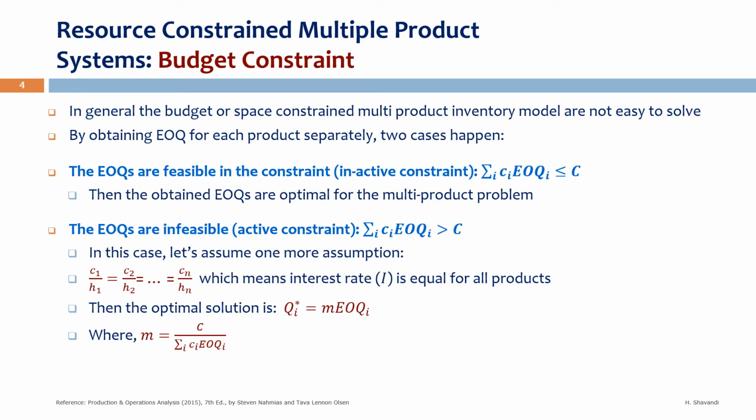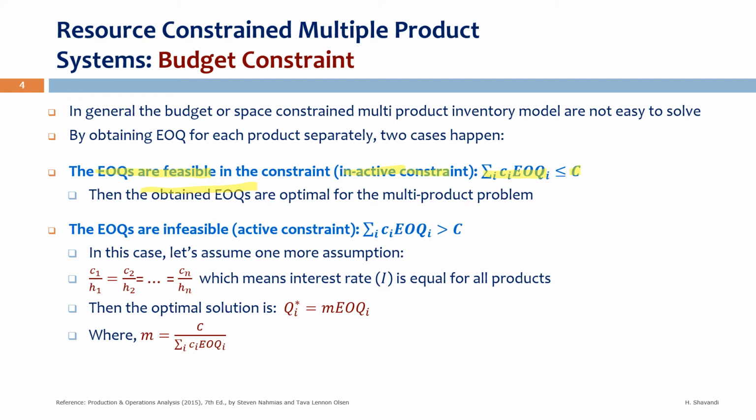In general, when we have a budget or space limitation, we can have two cases. The first one is that the individually obtained EOQs are feasible. So here the constraint is inactive: the total purchase cost is less than or equal to our budget. In this case, the individual EOQs are optimal for the multiple product case as well because they are feasible.